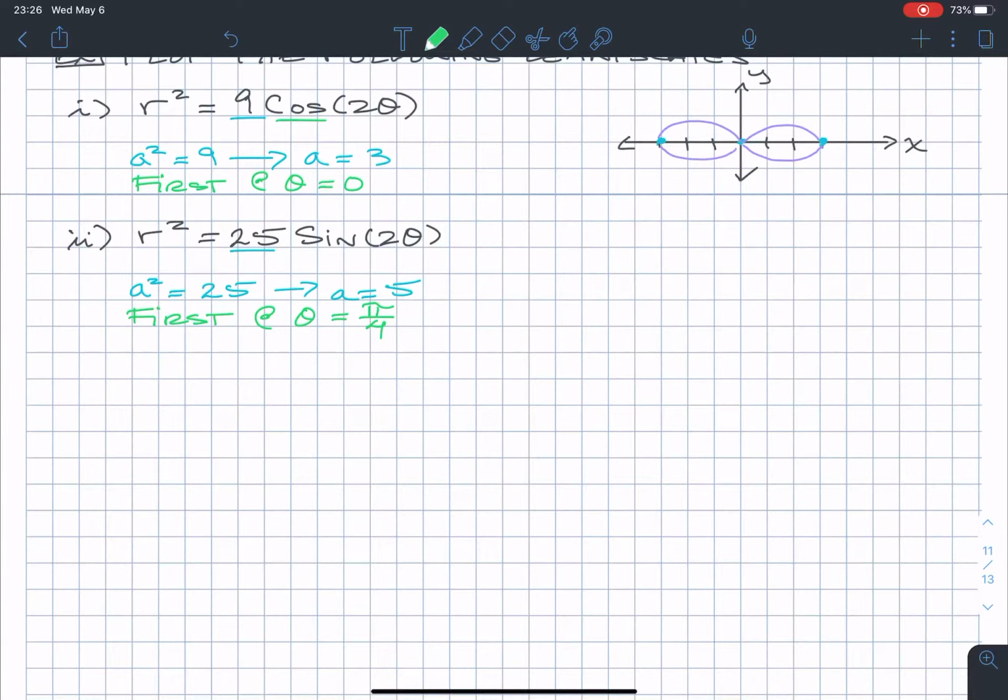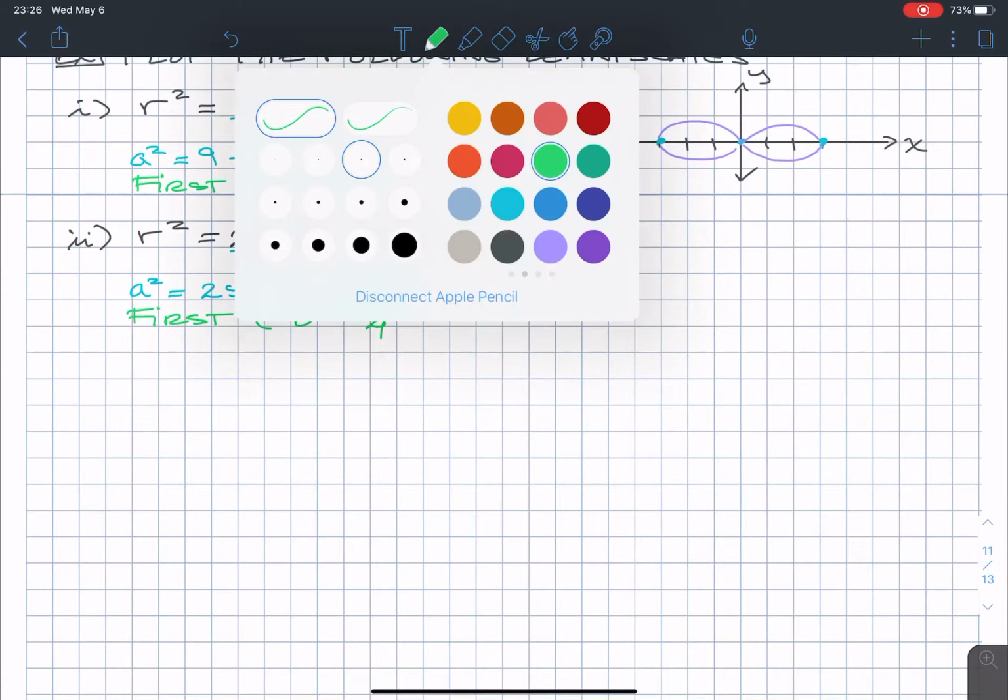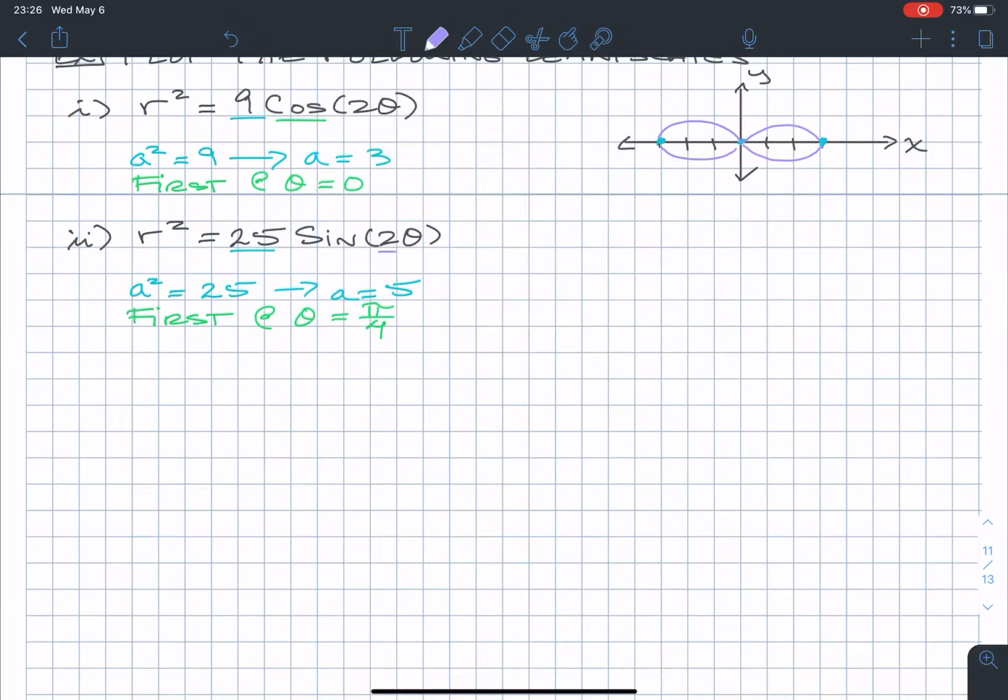Or we could have done pi over 2n, where n, the coefficient of theta, is 2. So theta is pi over 2 times 2, and that's where we get the pi over 4 from.